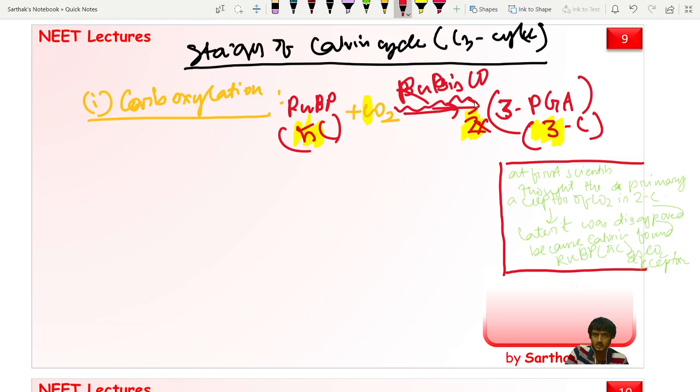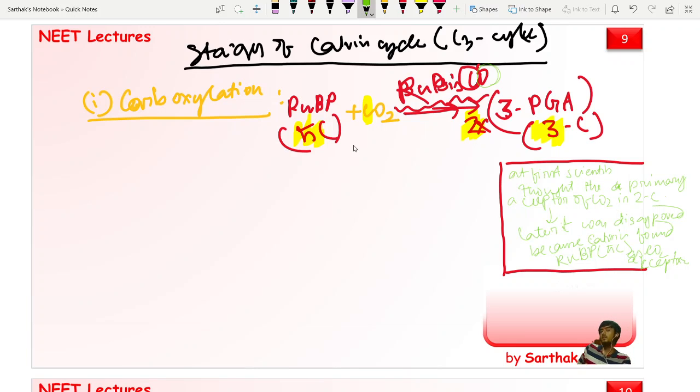Because this enzyme has carboxylase activity, that is, the ability to bind with carbon, and it has oxygenase activity also. What is oxygenase activity? It is the ability to bind with oxygen also. So this Rubisco enzyme has both the abilities, to bind with oxygen and to bind with carbon dioxide.